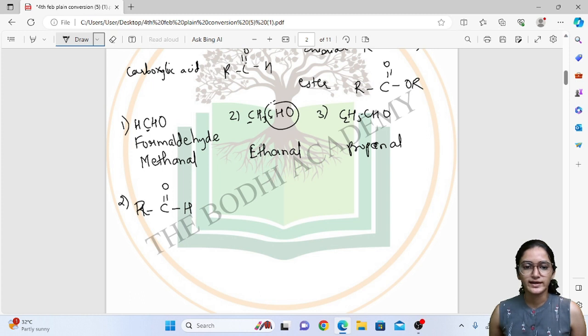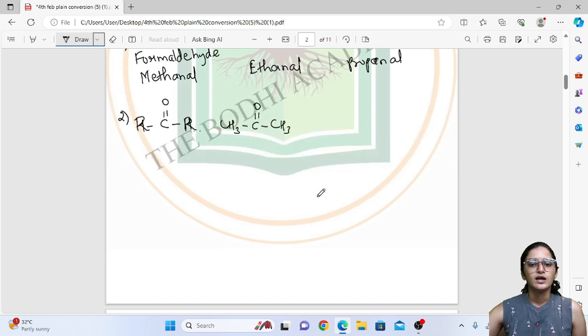So we have to write R groups on both sides of the carbon. R–C double bond O–R is the general formula. According to this, the simple ketone is CH3 C double bond O CH3, and the common name of this is acetone.